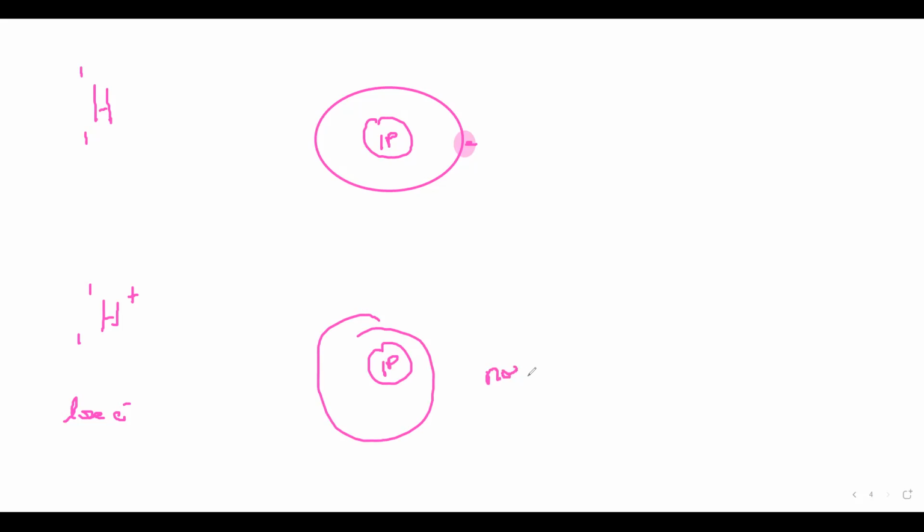That is why another name for hydrogen plus charge is proton. Instead of saying hydrogen ion, we call that a proton, because in a hydrogen atom there is one proton and one electron, but in hydrogen plus charge there is no electron, only proton. That's why we say acids are hydrogen plus ion donors, or acids are proton donors.